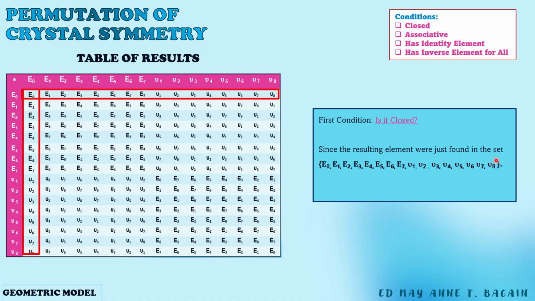Since the resulting elements were just found in the set, we know that the elements of this set would be E sub 0, E sub 1, E sub 2, E sub 3, E sub 4, E sub 5, E sub 6, E sub 7, epsilon sub 1, epsilon sub 2, epsilon sub 3, epsilon sub 4, epsilon sub 5, epsilon sub 6, epsilon sub 7, epsilon sub 8, which can be seen in all of these resulting elements that we got by multiplying two elements, and there are no outside elements that can be seen here. So therefore the permutation table is closed. So yep, that is check.